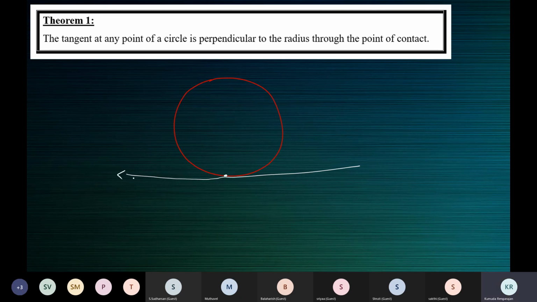Let's call the tangent AB. You can also call it L, it's your choice, tangent L or tangent T. So T is a tangent. The tangent touches the circle at P. That is, we have drawn a tangent passing through P.